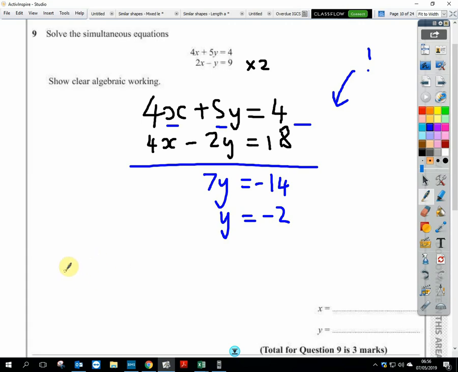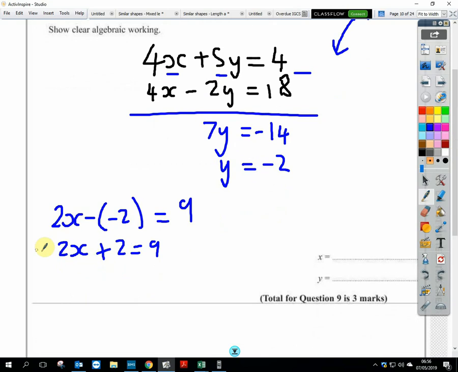If I use the bottom equation, I have 2x minus 2 is equal to 9. So 2x add 2 is equal to 9. So that means 2x is equal to, if I take 2 from both sides, 7, and then if I divide by 2, 3.5. So x is 3.5 and y is negative 2.